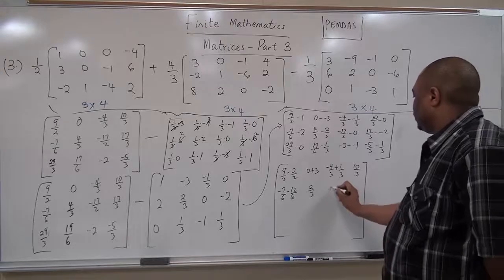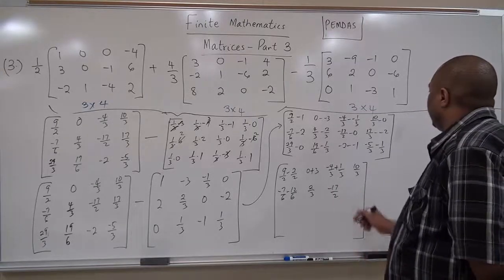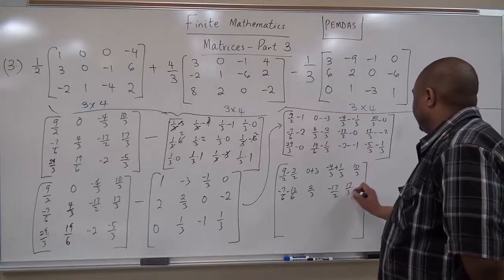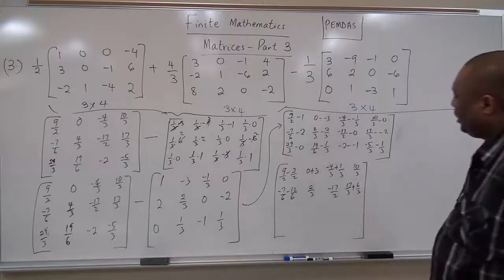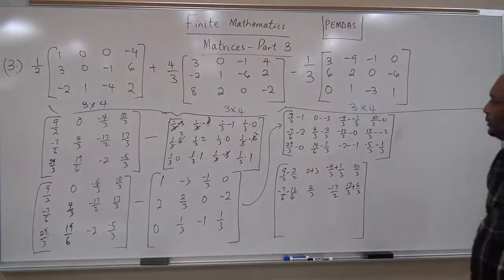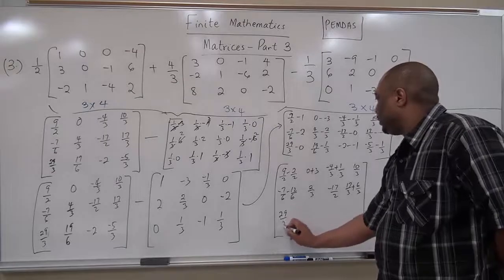Negative 17 over 2 minus 0 is negative 17 over 2. Then this is 17 over 3 plus 6 over 3, because minus minus is plus. Then this is 29 over 3.